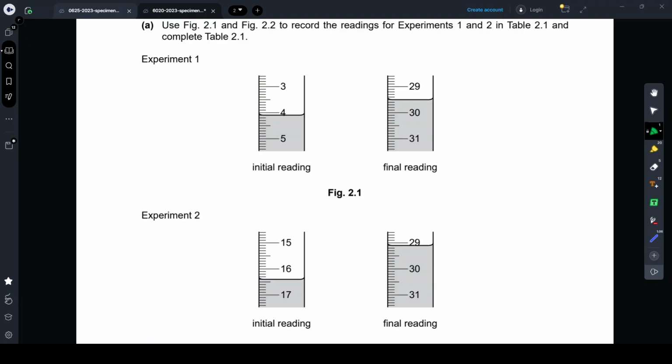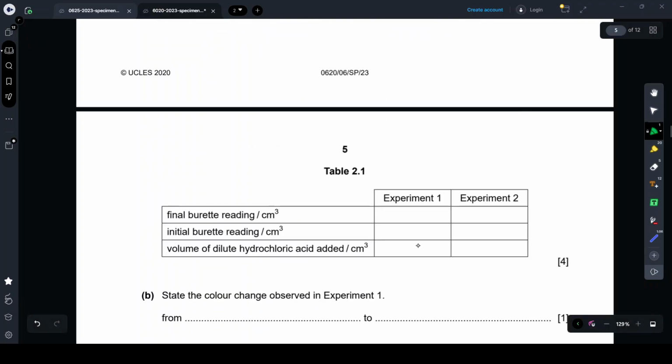And you're looking at the lower meniscus. Don't be confused by the slight curve at the edge that's coming at 29.4. You need to read the meniscus. That's 29.5. Do you agree, Sobia? Right, so the final reading for experiment 1 is 29.5.